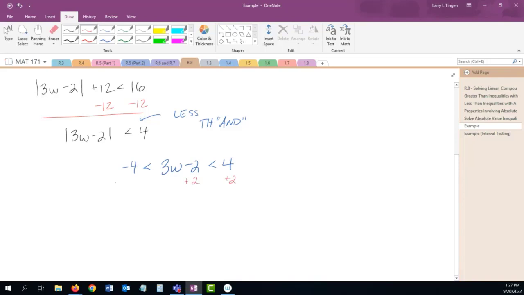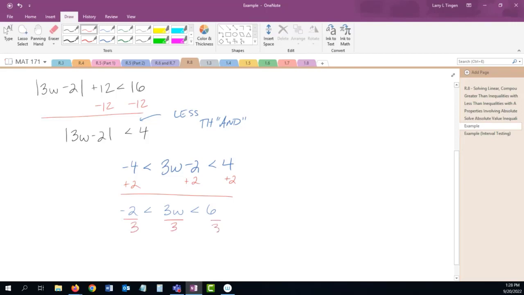But W is not by itself. So again, we feel the need to get W by itself, and the process is the same as before, 3W minus 2. Everything with the W needs to be by itself. Everything without a W needs to go away. If I add 2 to the middle, I've got to add 2 to the left and the right. And then the last step, get W by itself.